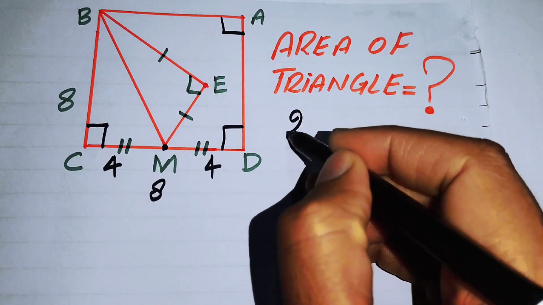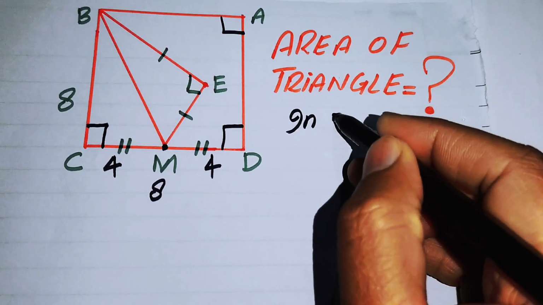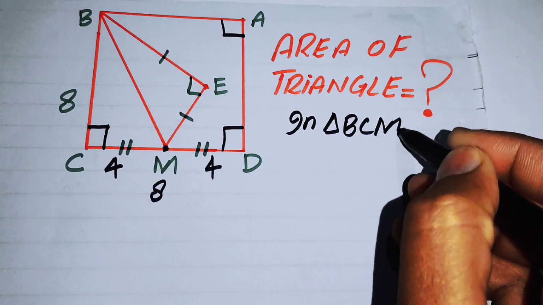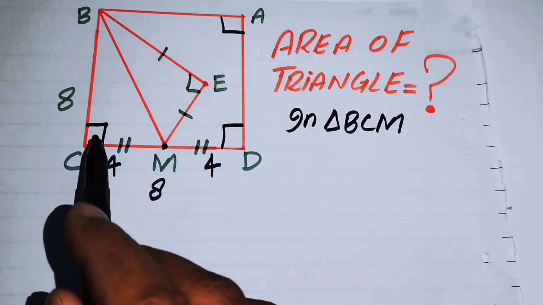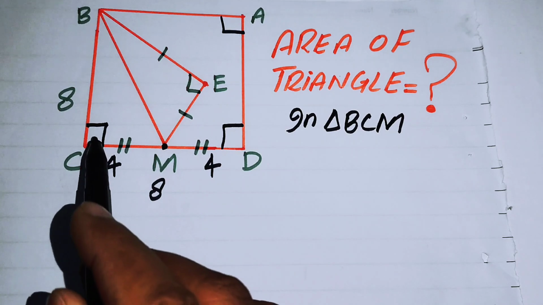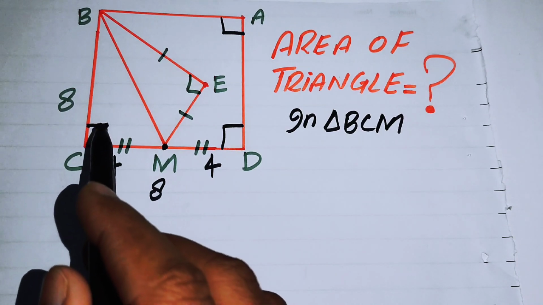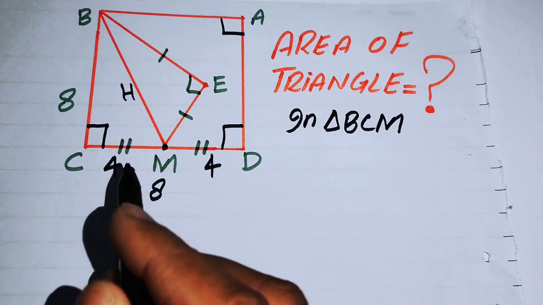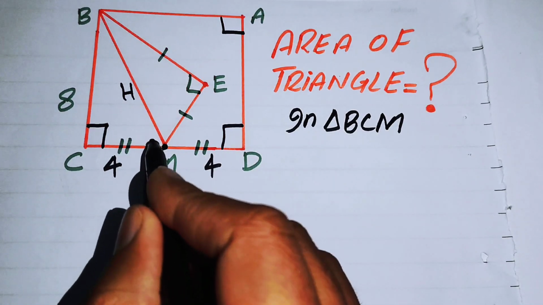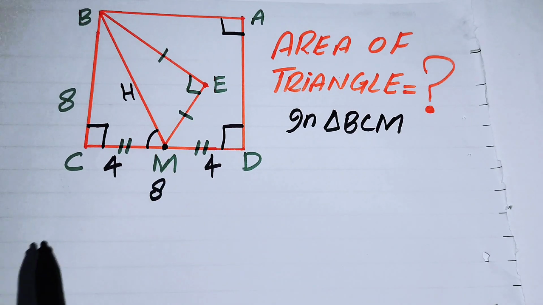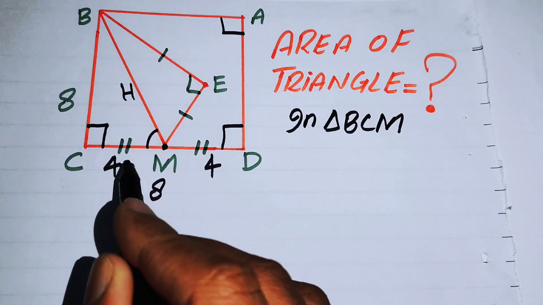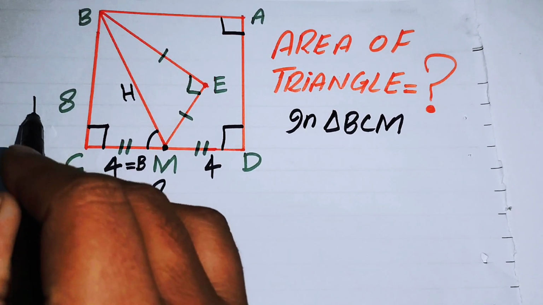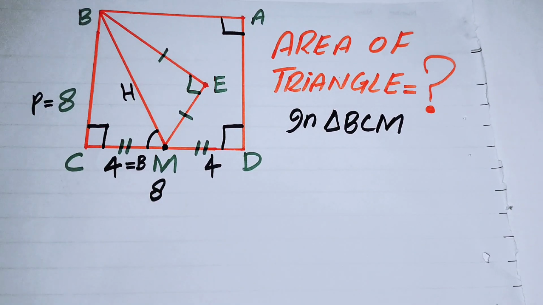So here you see that in right triangle BCM, this is the right angle, so the side opposite to this right angle is known as the hypotenuse, and the other two sides, if I suppose this is any angle, then according to this angle we say that this side is the base and this side is the perpendicular.